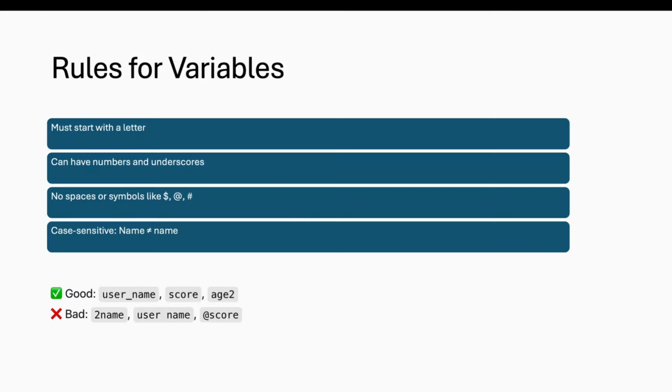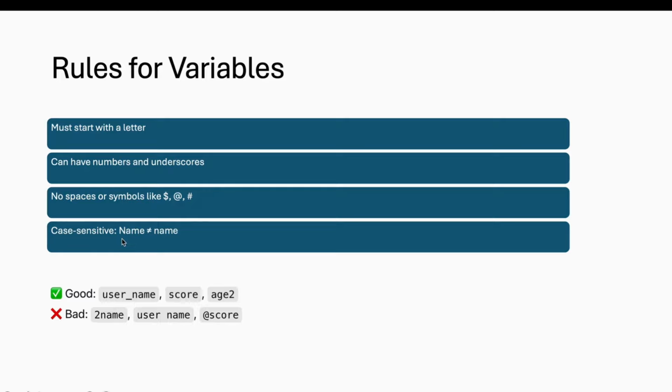In any language, when you create a variable, you follow some standards. Similarly in Python, we have a correct format. It must start with a letter. It can have numbers and underscores. There should be no spaces or symbols like dollar, at the rate, or hash. And most important, variables in Python are case sensitive.